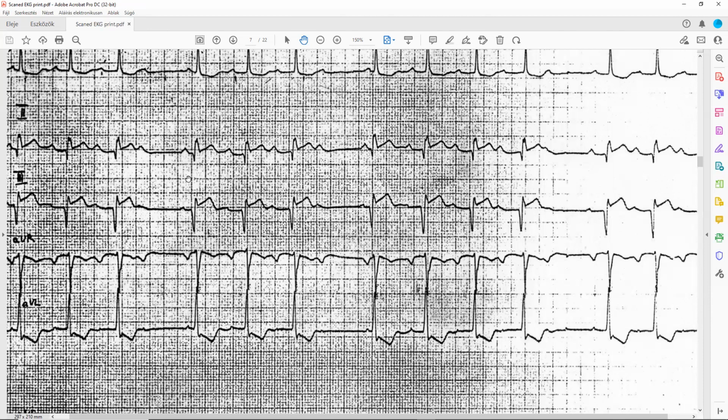Okay, go on. Do we have P wave? Yes, we do. And every P followed by QRS? It looks like it, but some of the QRS don't. There is no way that every P is followed by QRS.